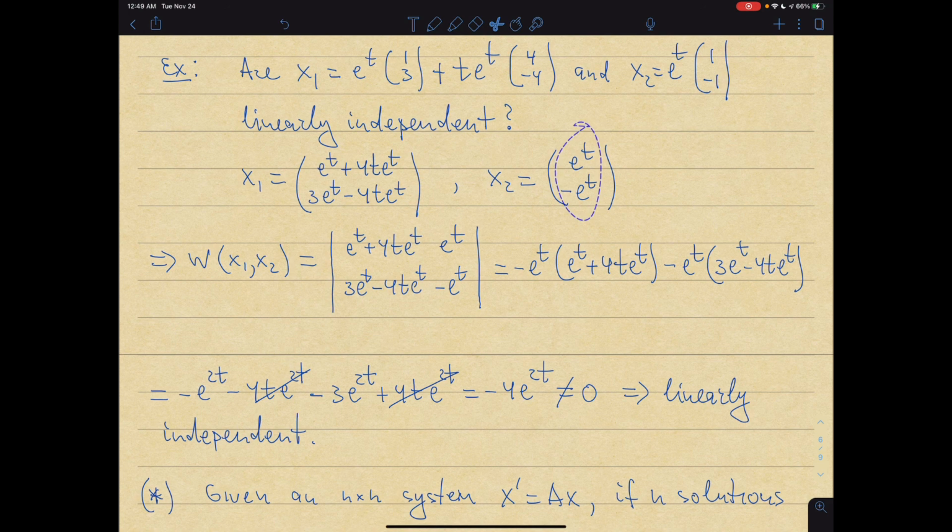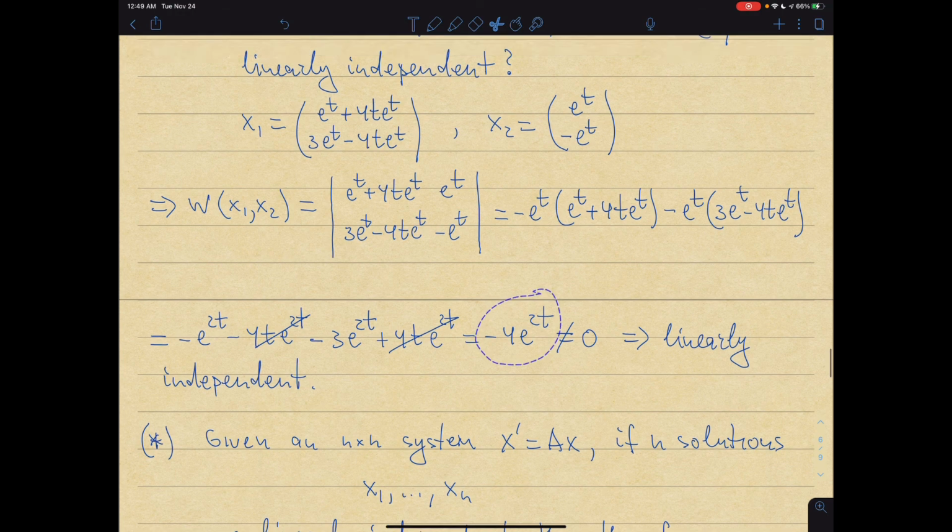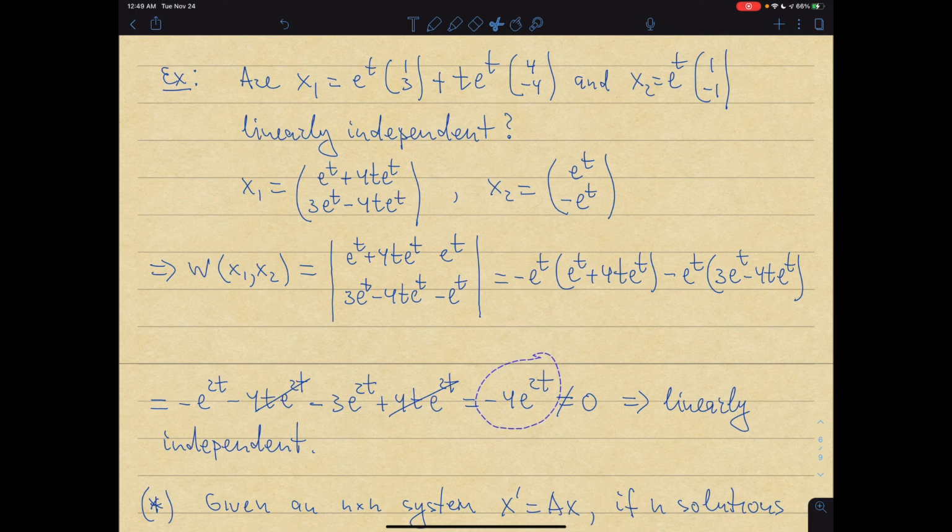So you construct a Wronskian out of these two vector columns. This would be the first column. This gives you the second column. So this gives you a 2 by 2 determinant. You compute this 2 by 2 determinant in the usual way, and you end up with minus 4 e to the 2t. The exponential is never 0, so the Wronskian is never 0. So that means that x1 and x2 are linearly independent.